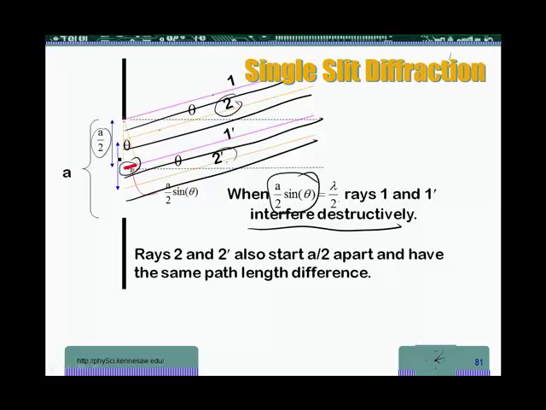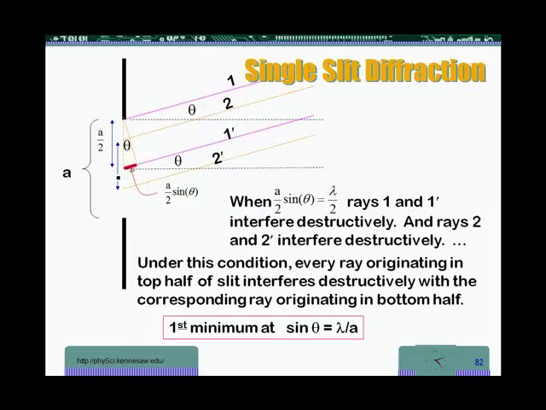Which is telling us that all the beams from the top are going to interfere destructively with the beams from the bottom. So every beam originating at the top half is going to interfere destructively with the beams originating at the bottom. So we get destructive interference, or a minimum.